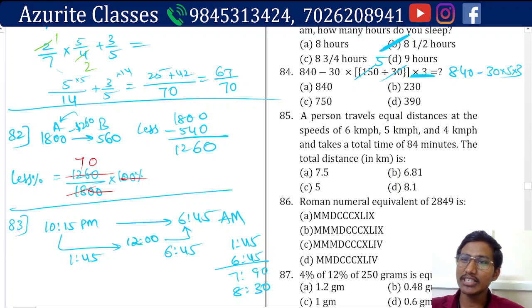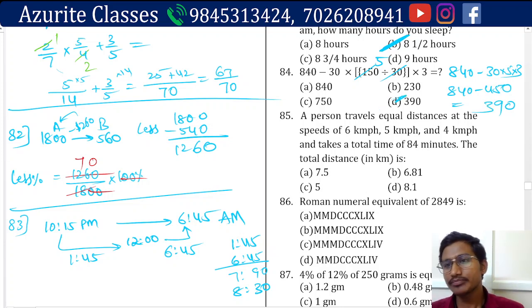That 3 also we have to multiply with this only. So 840 minus 150 times 3 is 450. So 450 we have to minus. So the answer will be 390, option D. Okay, 390 is the answer, option D.